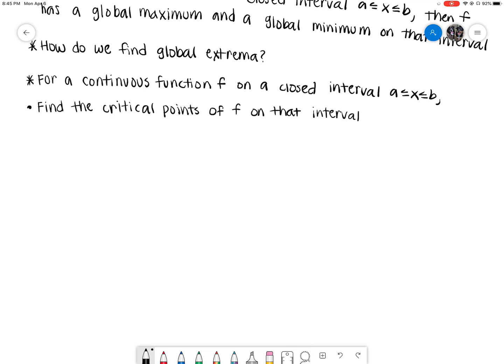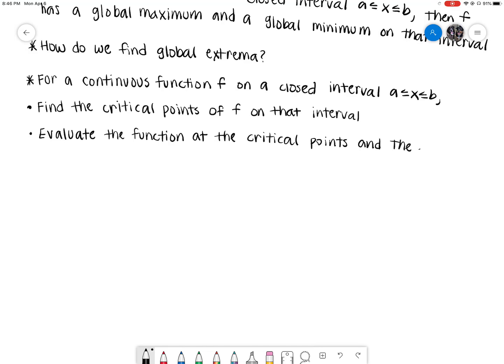Next, you evaluate the function at the critical points and the end points.